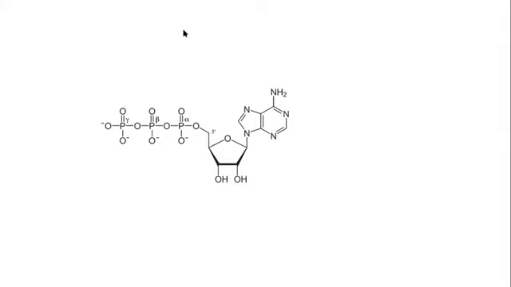For example, if we have DNA in an anti-parallel structure like this, this will be the 5 prime end, and the anti-parallel strand will have its 3 prime end. This is your sugar phosphate backbone.